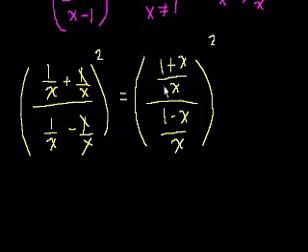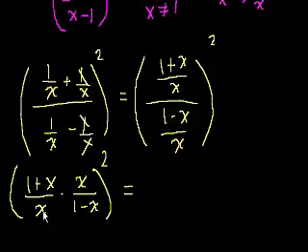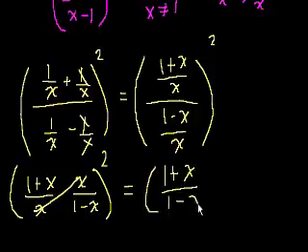And inside of the brackets, that's the same thing as 1 plus x over x. Instead of being divided by this, we could multiply by the reciprocal, times x over 1 minus x. I just reciprocated this and multiplied, and this is all still in the squared. Now these x's cancel out, and lo and behold, we get 1 plus x over 1 minus x squared.